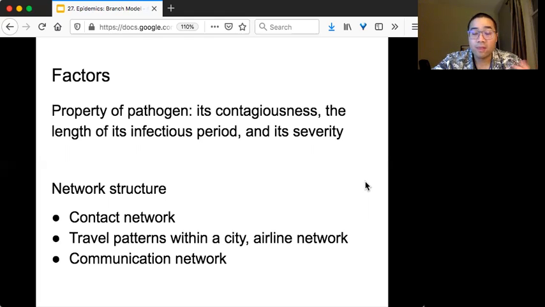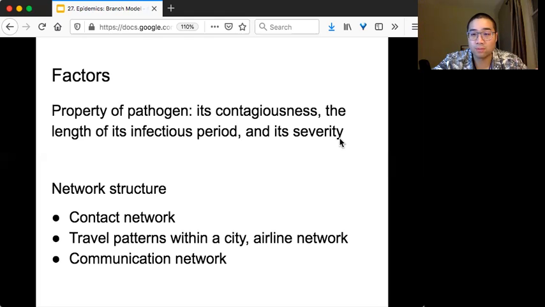Then there's the length of its infectious period. Once you get it, how long will you remain contagious? COVID-19 is so hard to stop because this infectious period is really long, and it's also less severe.